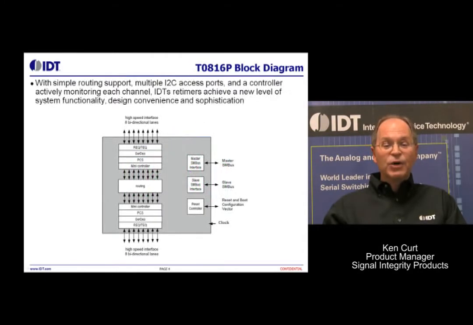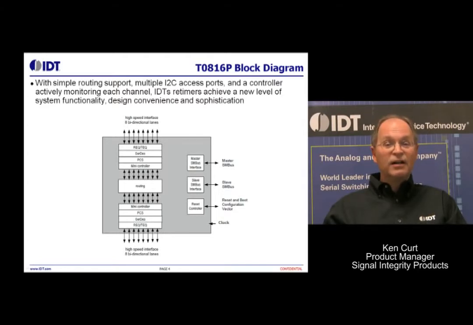This slide shows the block diagram of our Retimer. Again, the 16-channel device. You can see going from top to bottom the 16 lanes, but at the very top, the interface to the real world, the physical layer interface, begins with the receiver and transmitter equalizers. Below that, you'll see the serializer, deserializer, the SerDes, and below that, you'll see a microcontroller.